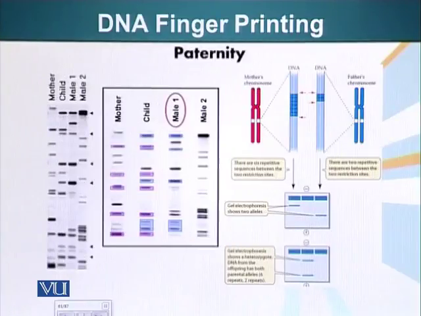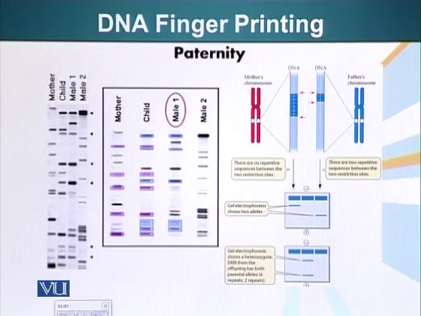Now let's look at the genetics of it. We inherit variable number tandem repeats just like other genes and alleles we inherit from our parents. We have 2 chromosomes, one from mother and the other from father. So 50% of our chromosomes are from mother and 50% are from the father. Here is a case where we want to determine paternity of a child.